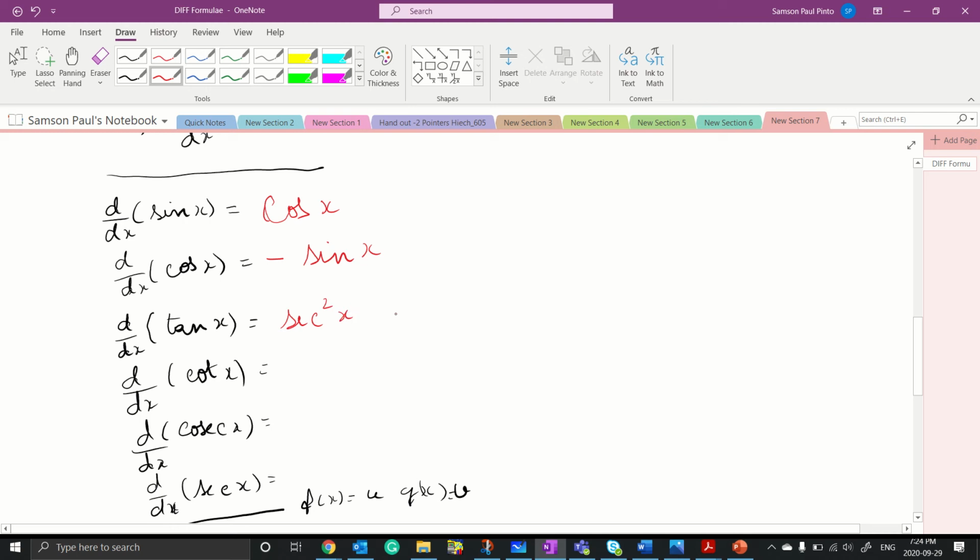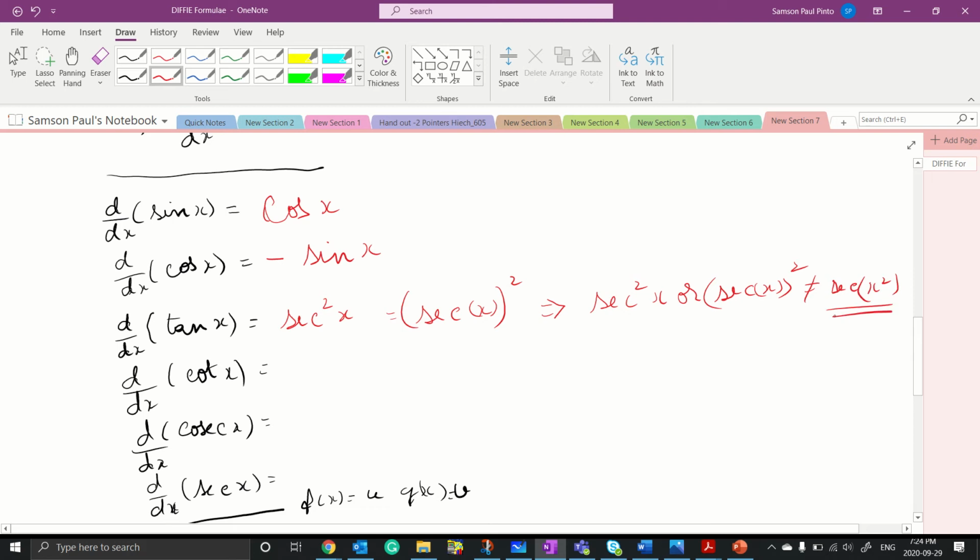Sometimes it is also written as (secant x) whole square. Please note that secant square x, or (secant x) whole square, is not equal to secant of x square.